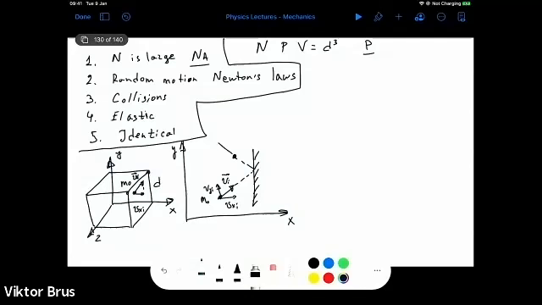It has the same velocity vector magnitude v_i, but different in direction. And also we have two components. In this case, it will be minus v_xi, and this is v_yi.